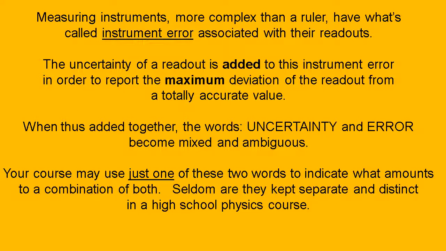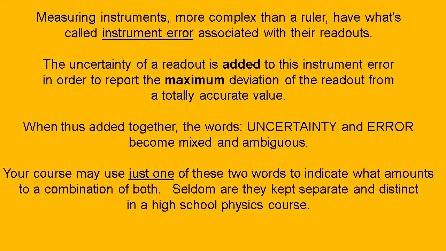Measuring instruments more complex than a ruler have what's called instrument error associated with their readouts. The uncertainty of a readout is then added to this instrument error in order to report the maximum deviation of the readout from a totally accurate value.